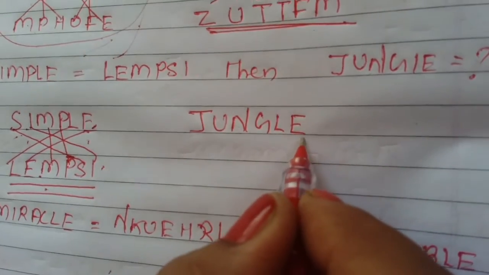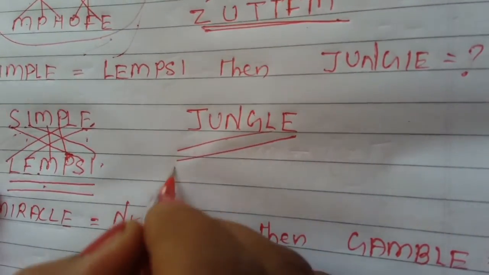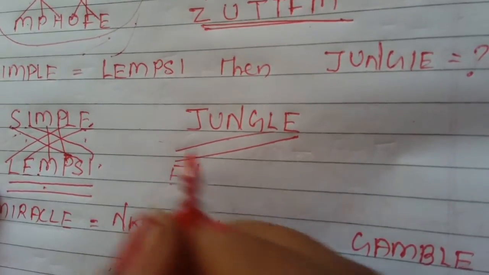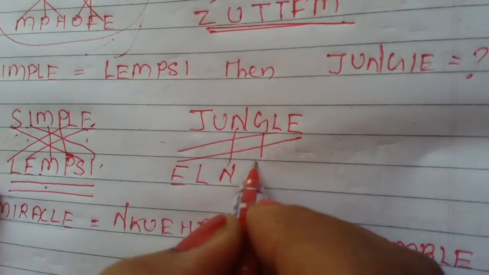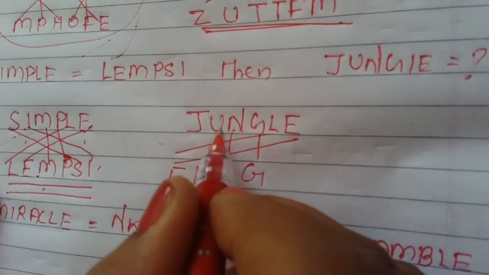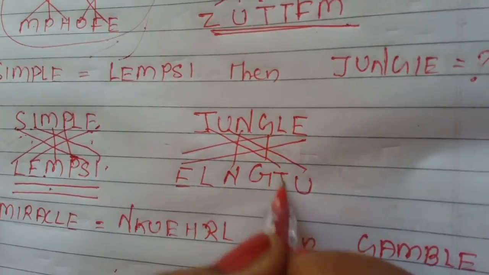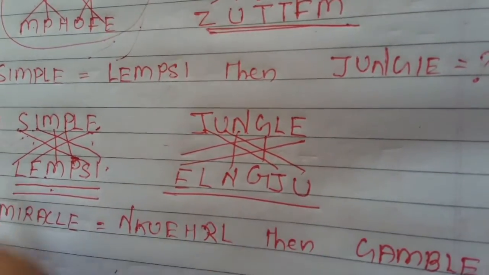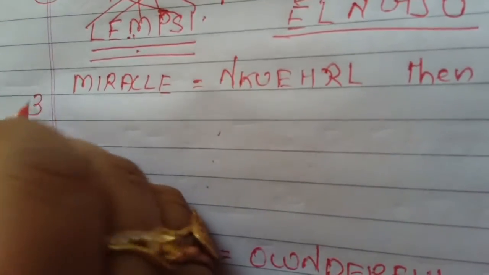E written first, then L, then N, then G, then U, and then finally J. This is the second pattern of coding decoding. In the same sense, this is the third pattern.